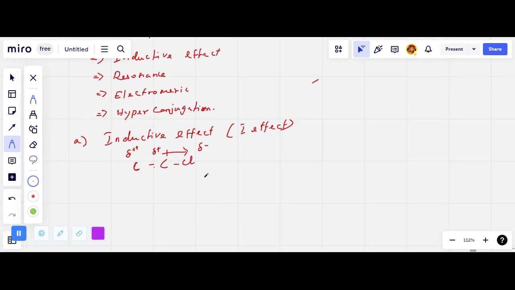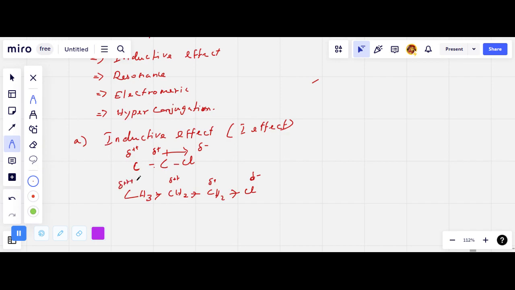For example, take the compound CH3-CH2-CH2-Cl. Chlorine, being highly electronegative, pulls the electron from this carbon, so it attains partial negative charge. This carbon is partially positive. Then it pulls the electron from the next carbon, so that is delta 2 plus, and then delta 3 plus.